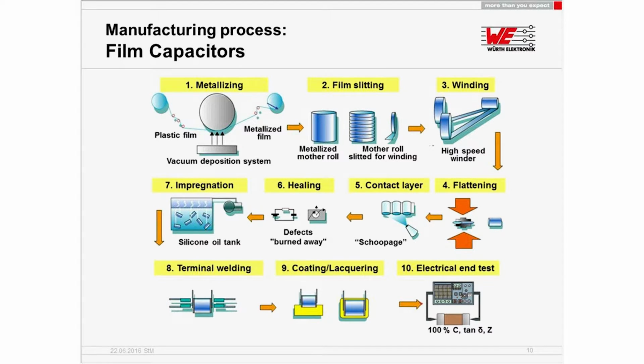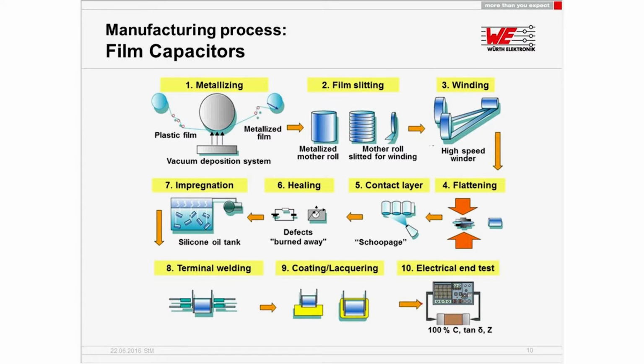Metallization is something different. The metallization can be done in-house at manufacturer side, and you take this plastic film, let's talk about, for example, polypropylene, do the metallization on polypropylene at a vacuum deposition system, and then you get a mother roll again, but with metallization of zinc or aluminum.